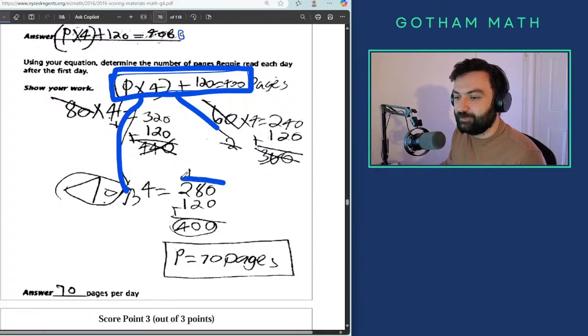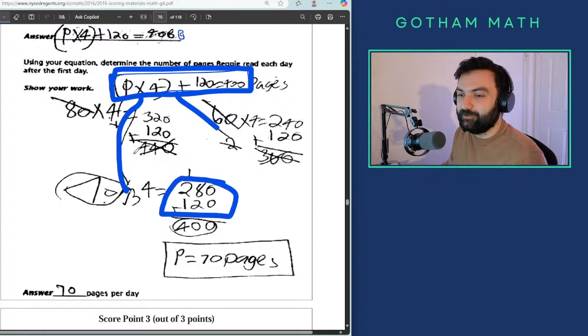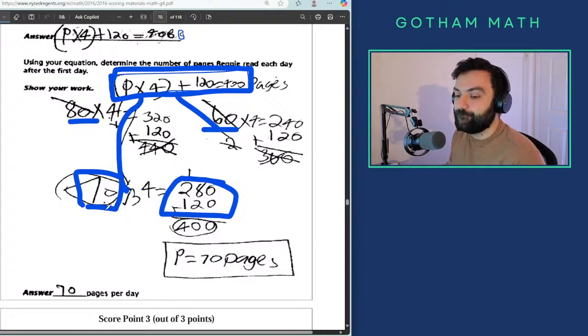This is his try one, try two. It was like a trial and error thing. He tried 80, tried 60, tried 70. Trial and error is a legit way, but you have to get lucky, somehow, and he did. And he got 3 out of 3.